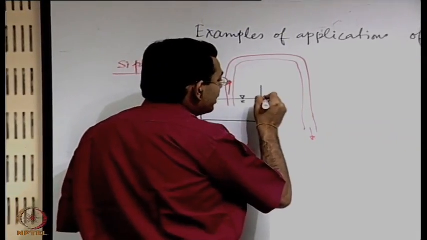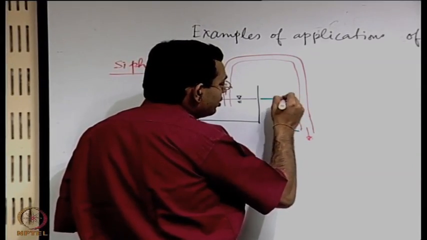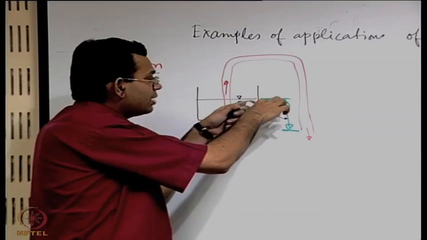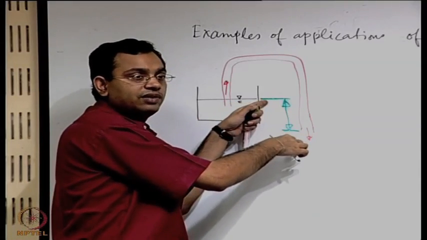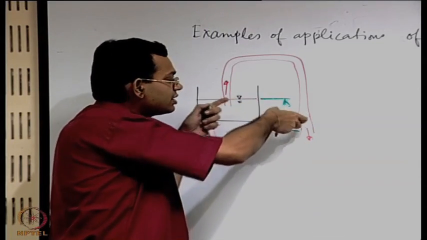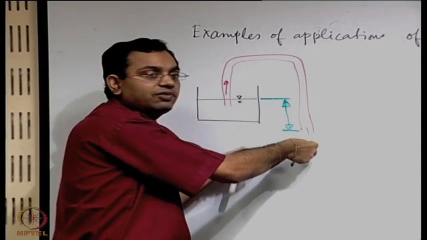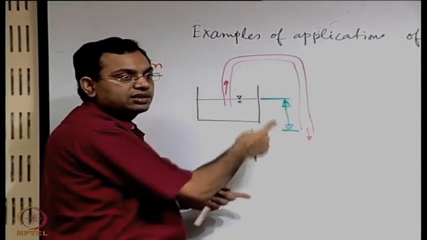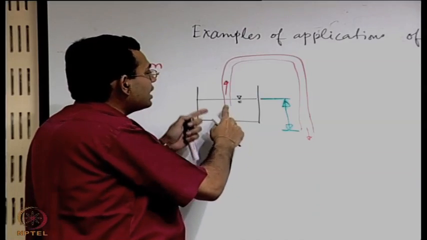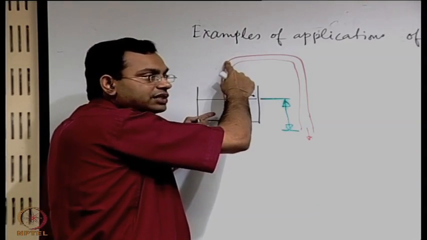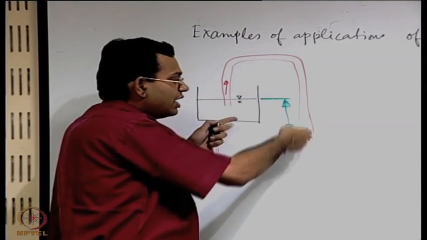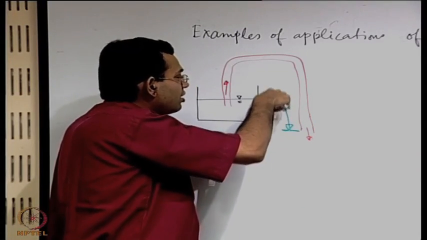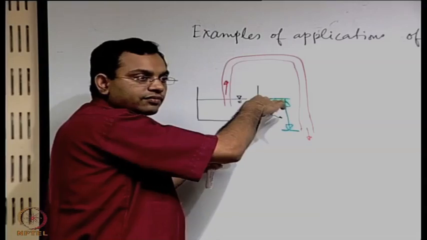The actual head difference working on it is this one, which is a favorable one, because effectively it is coming from this elevation to this elevation, and this net elevation difference is giving it a velocity. With that velocity the water is being sucked. So the fact that it is going up is nothing very special, because eventually it comes down and gets ejected from a height which is below the level of the tank.